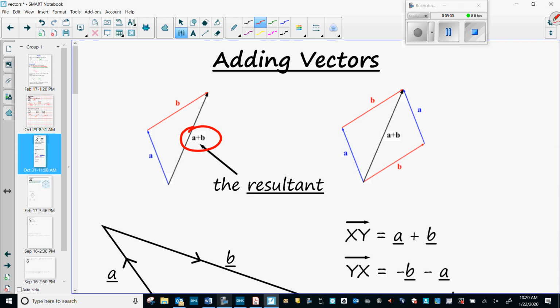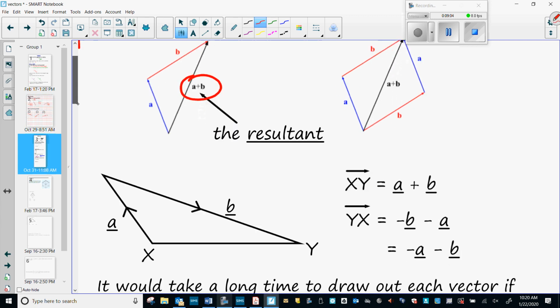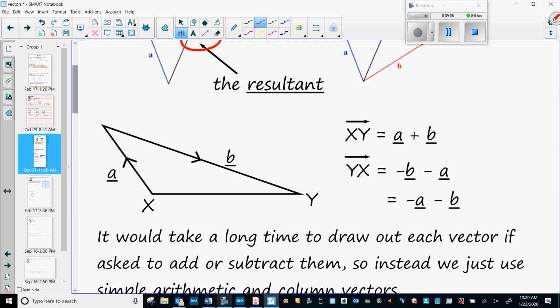Now, quite often we have things labelled with big letters on the vertices. So if I was trying to describe getting from X to Y, I do not know what this actual movement is, but I do know that A goes in this direction.